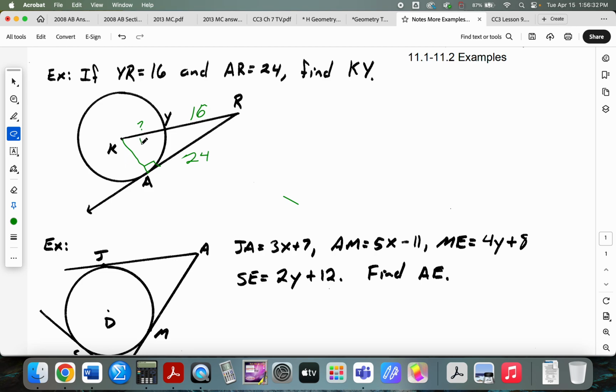I'm going to call this distance R because it's a radius. I'm going to say that this distance is also R because it's a radius. So this whole side is R plus 16.